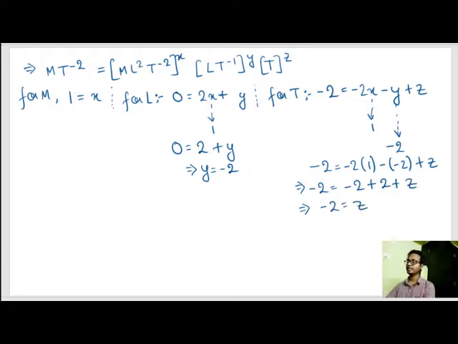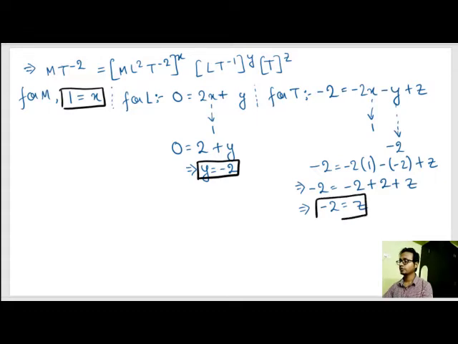So we got x equals to 1, y is equals to minus 2 and z equals to minus 2.